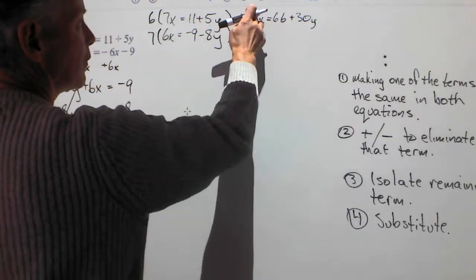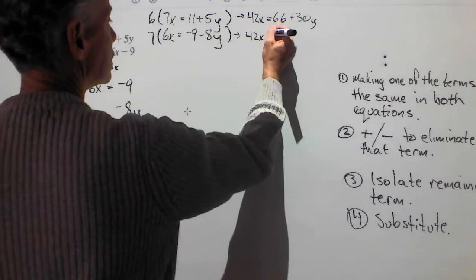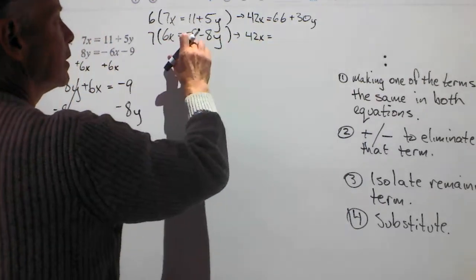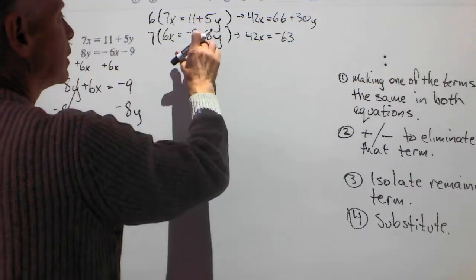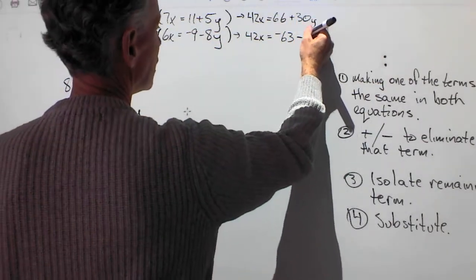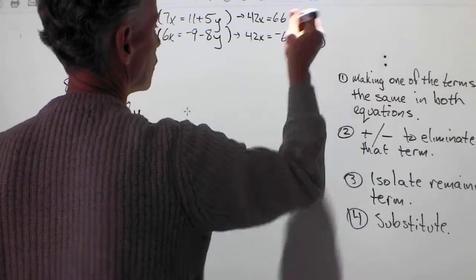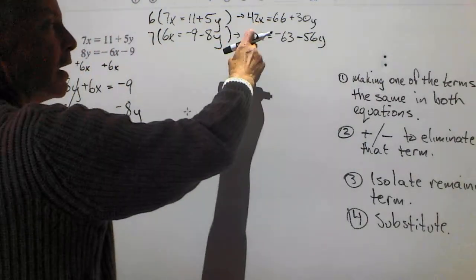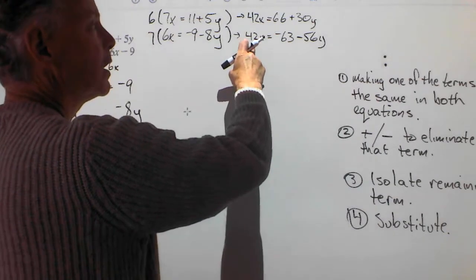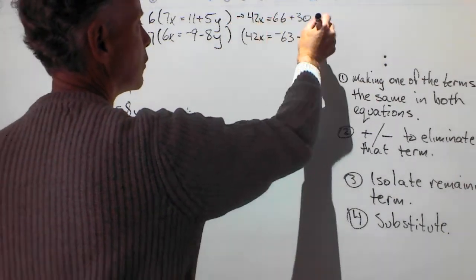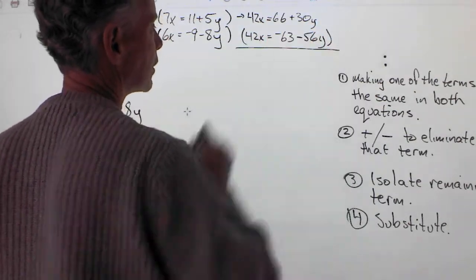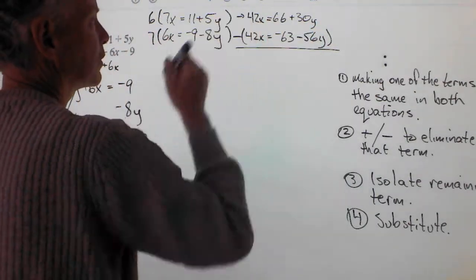Notice we've made the coefficient of x the same now. 7 times minus 9 is minus 63. 7 times minus 8 is minus 56y. Now we have the coefficient of x the same. Since they're both positive, when we manipulate them for elimination, we have to subtract.